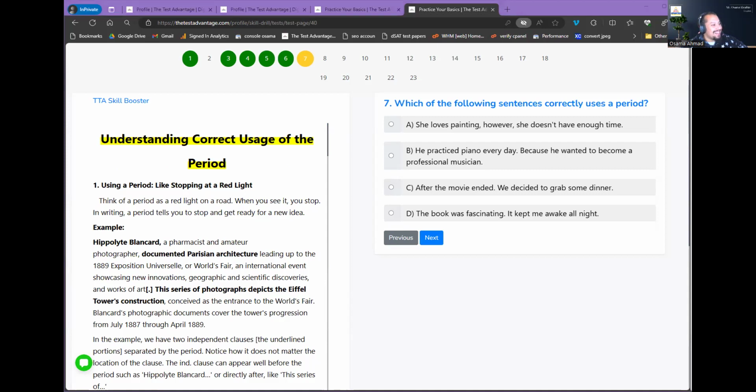Like which of the following correctly uses a period to separate two independent ideas, for example. Omar, technically you're not wrong as well. Technically not wrong. Oh no, you guys are wrong. I'm sorry. Everyone told me answer A, or most of you told me answer A.